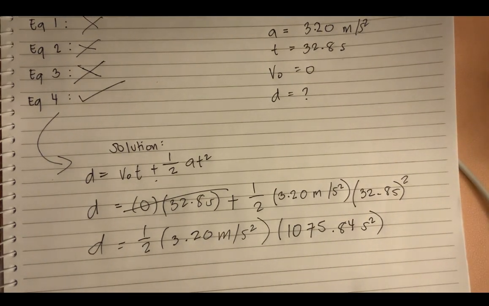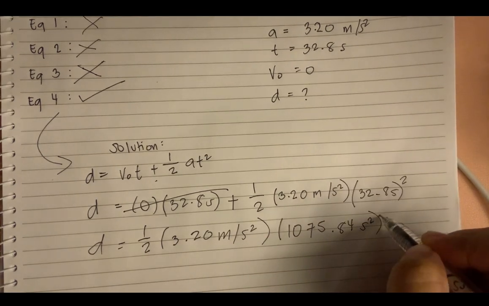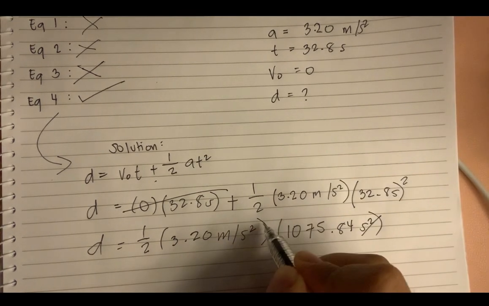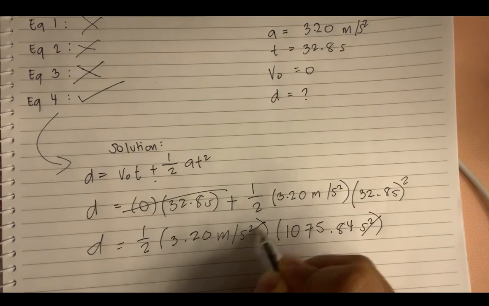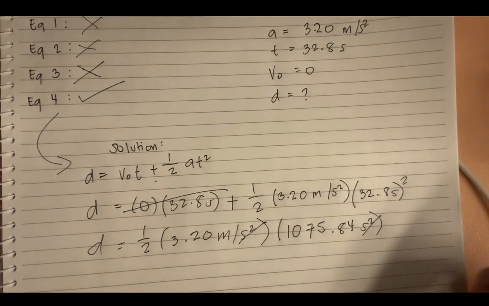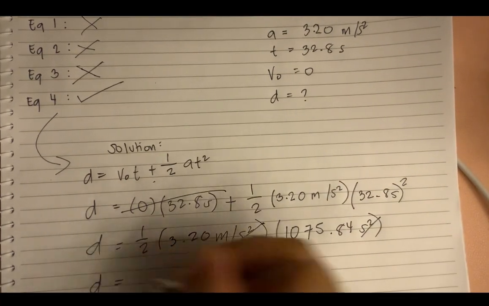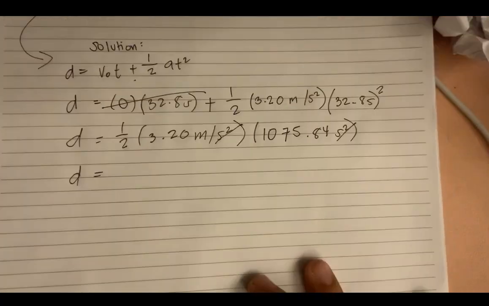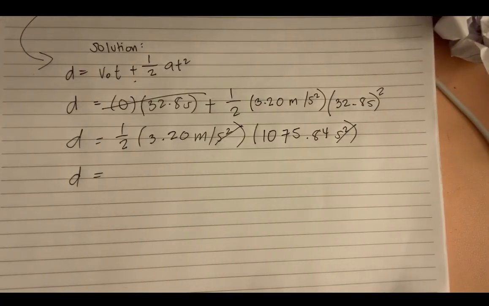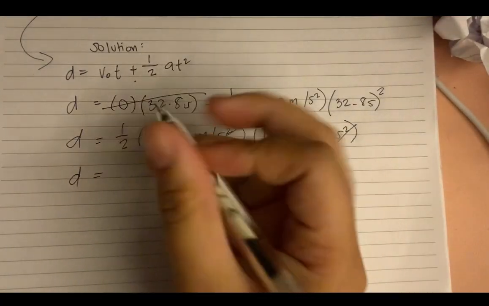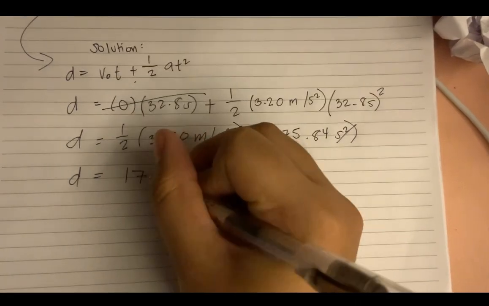Now let us equate the equation. We can cancel the seconds squared in both, and then we will just multiply them together.